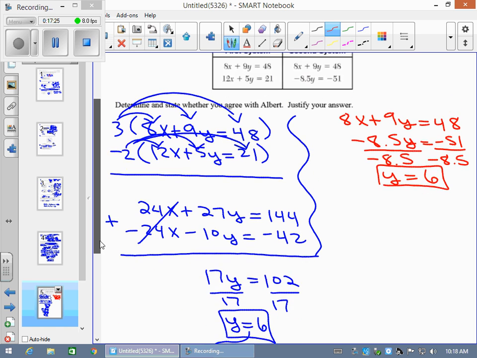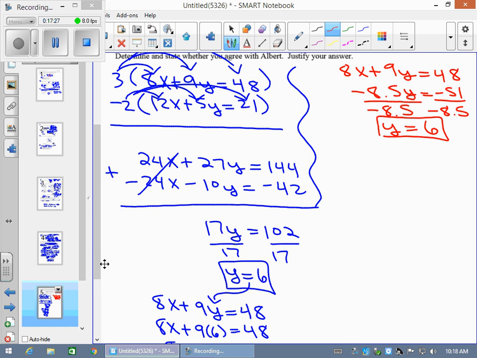So I'm going to take either, so I have to take the top equation, because that's okay. Now I know they should be the same because I just checked y in that first system. I'm just going to show it. 8x plus 54 equals 48.